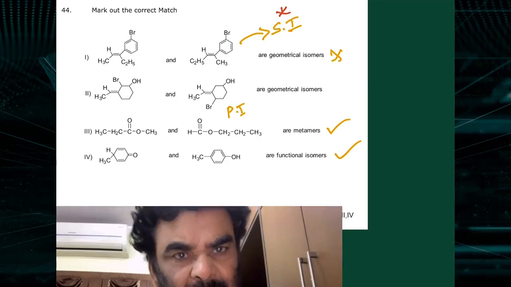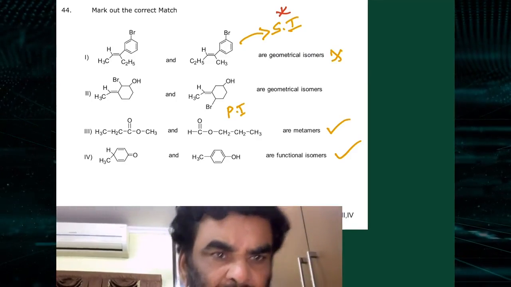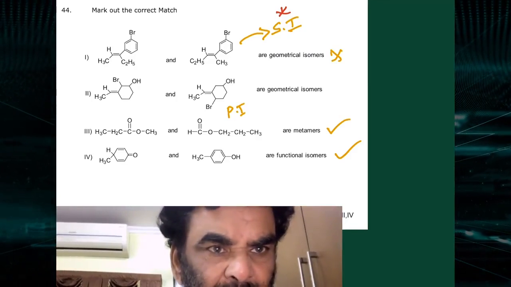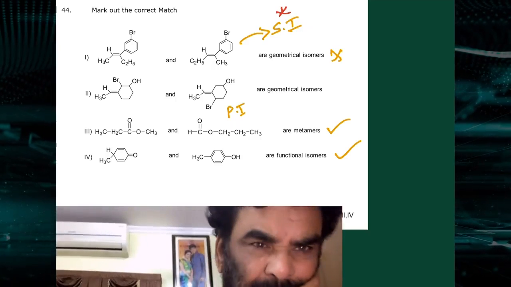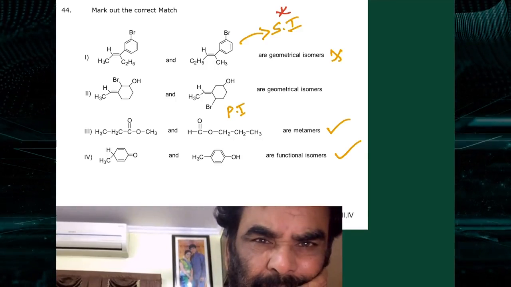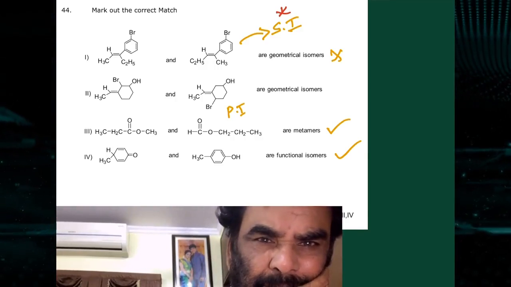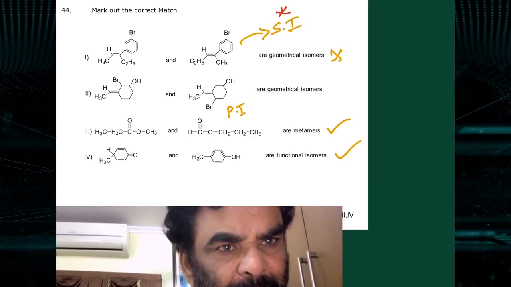So this is 3-phenyl-2-pentene, and this is 2-phenyl.